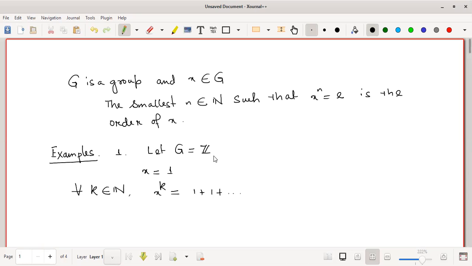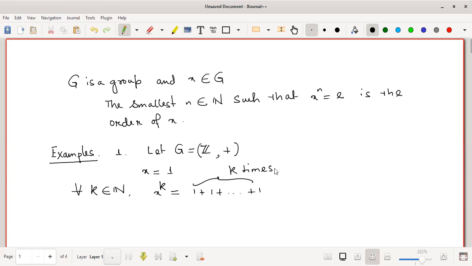Remember, Z means actually Z plus. So x to the power k means x plus x plus x, k times. So it is 1 plus 1 plus 1, k times.